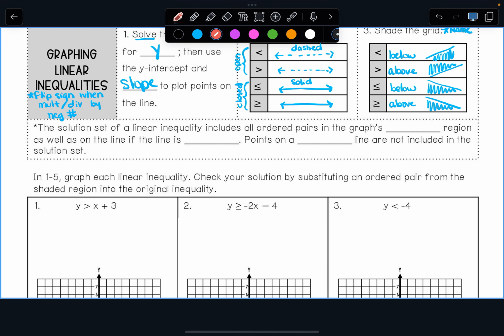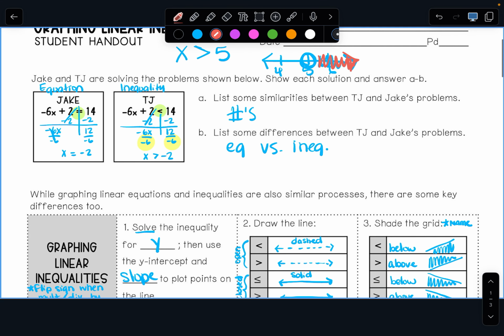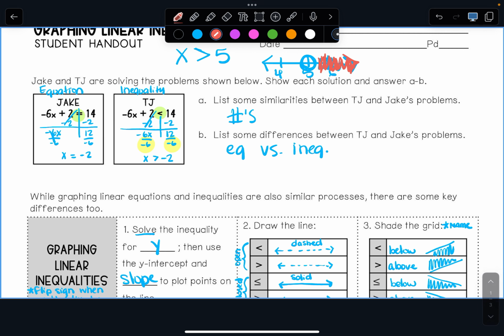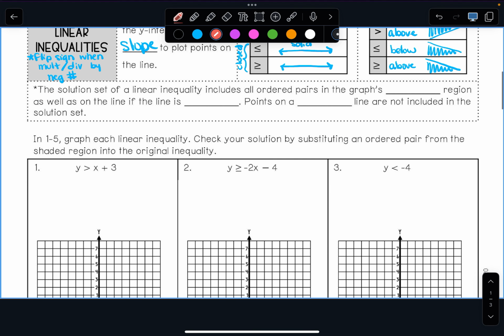So when we're talking about the solution set, we're talking about everything in the shaded area. That shaded area looks different on a graph than on a number line, okay? Solution set in a linear inequality includes all ordered pairs, all points in the graph's shaded area, as well as on the line if the line is solid.